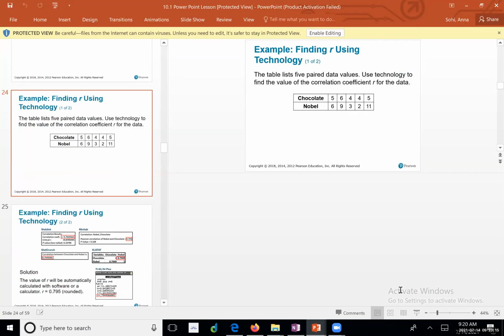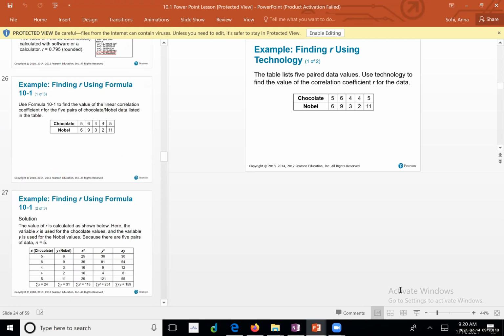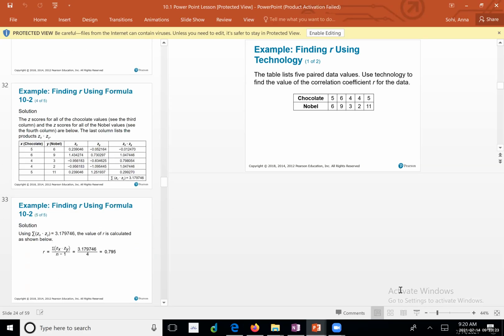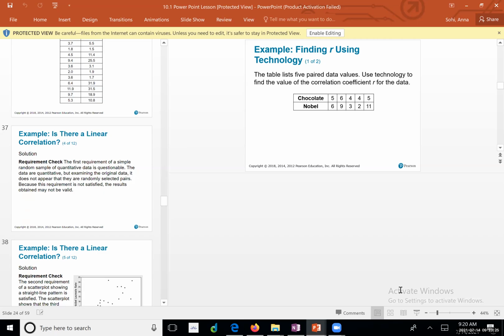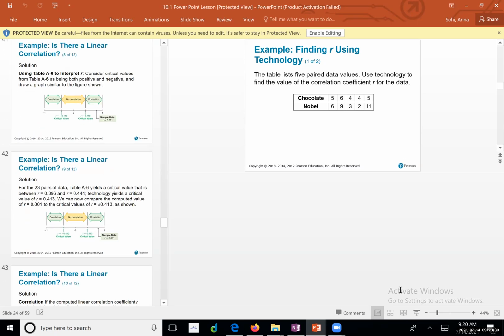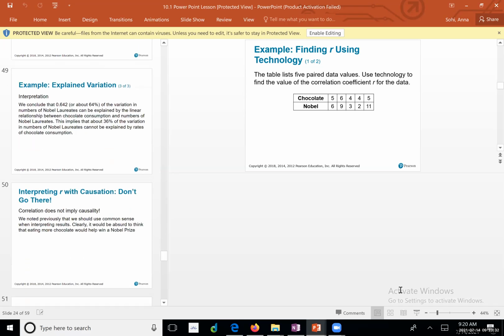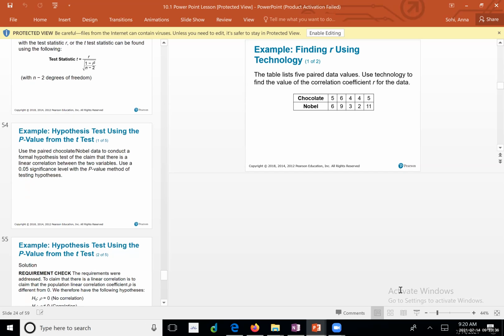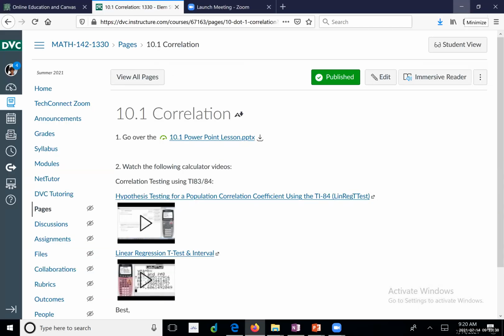Let's go here. Let's do an example from our textbook, actually. We may find nicer examples from the textbook.